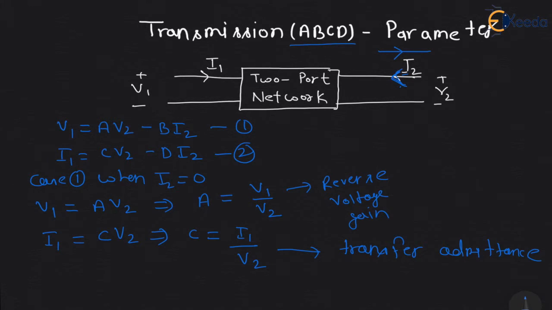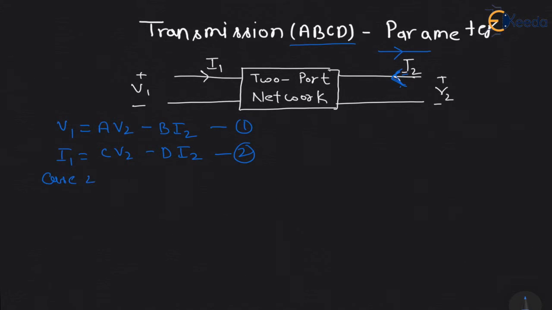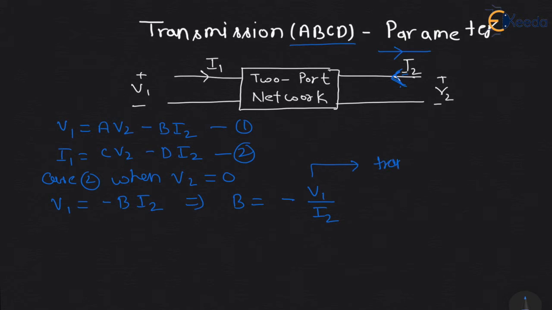And the same way we can calculate the value of B and D. Case number 2 is when the value of V2 will be equal to 0, then equation 1 can be written as V1 is equal to minus B of I2. From here, the value of B will be equal to minus of V1 upon I2, and B will be called as transfer impedance.